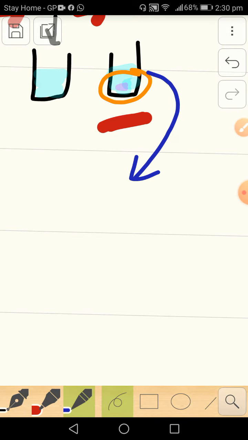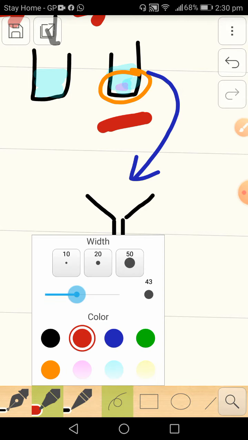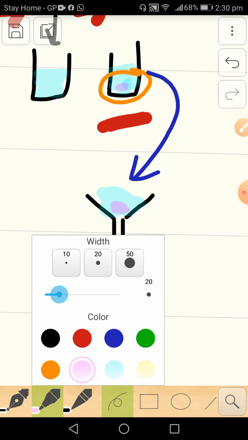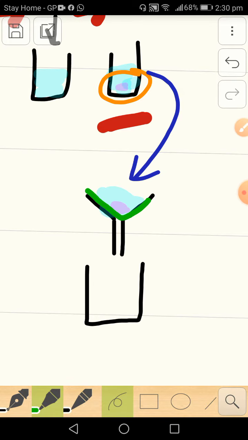So this is the funnel, and this is a beaker. I have put the solid and the solution over here from the last part, and we have the insoluble parts over here, and suppose this is the filter paper.